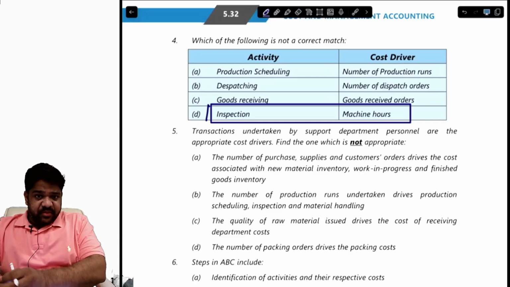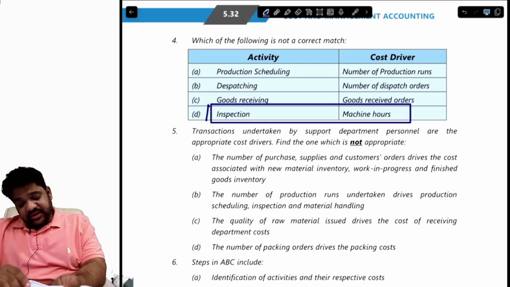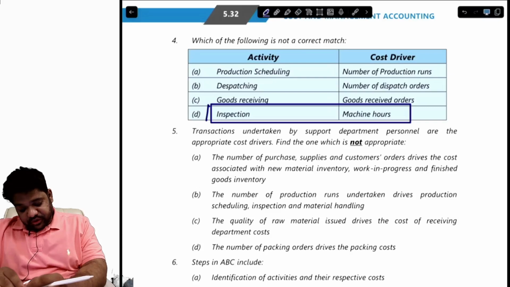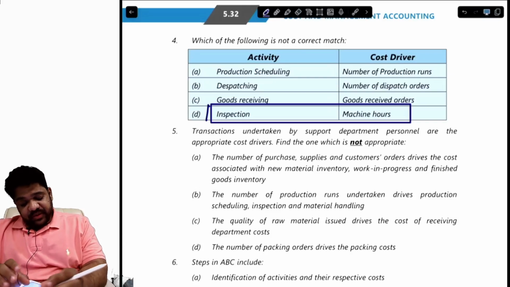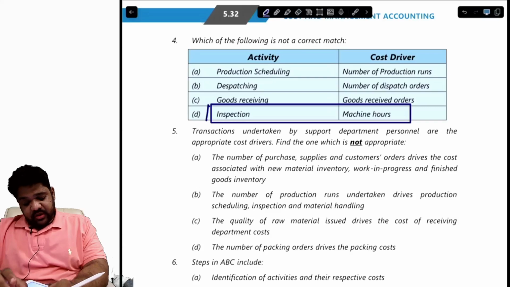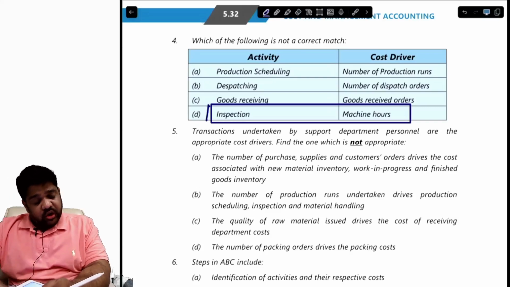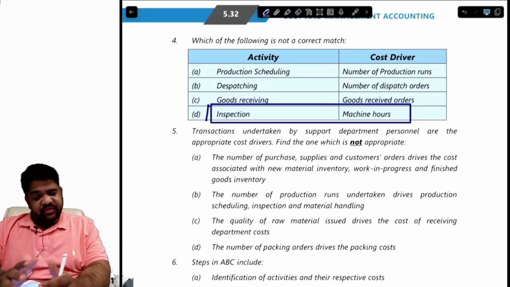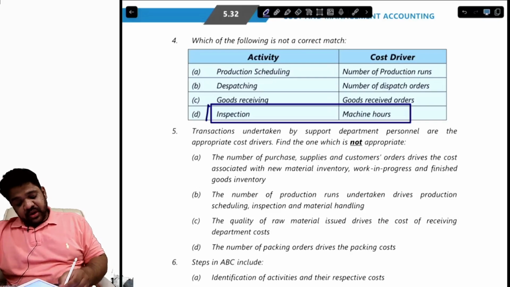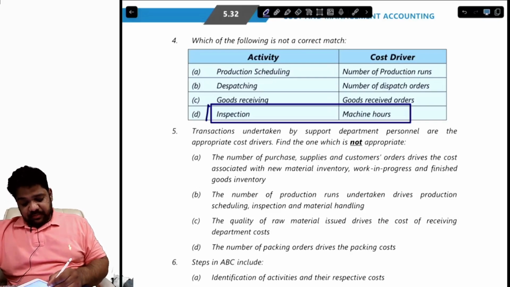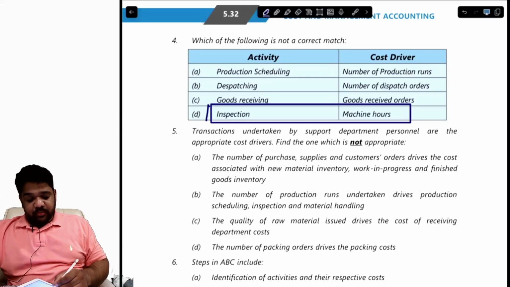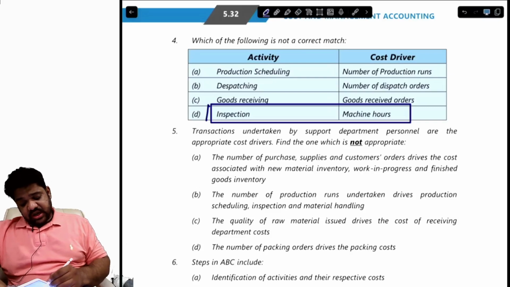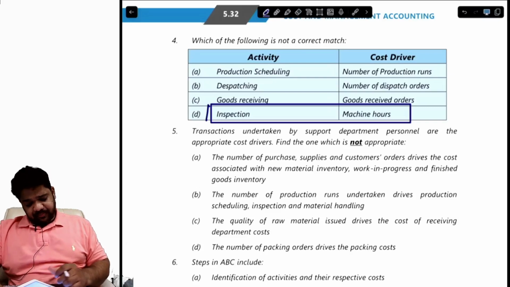Now, question number 5. Transactions undertaken by the support department personnel are the appropriate cost drivers. Find the one which is not appropriate. The number of purchases, supplies, and customer orders drives the cost associated with new material inventory, purchase, work in progress, supplies, and finished inventory, customer orders.